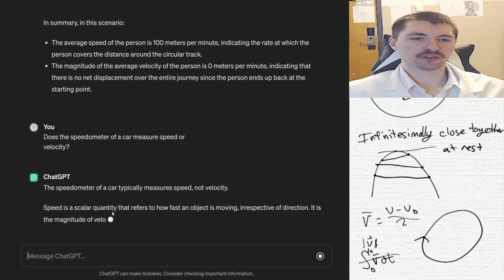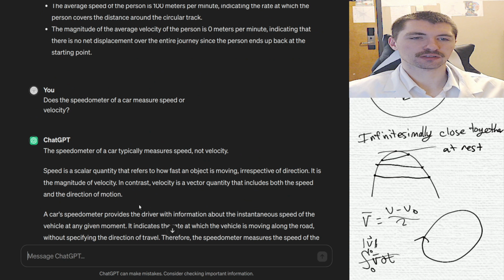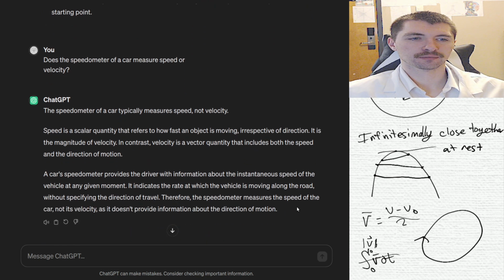Does the speedometer of a car measure speed or velocity? Should measure, so it measures speed. Okay, are you sure?